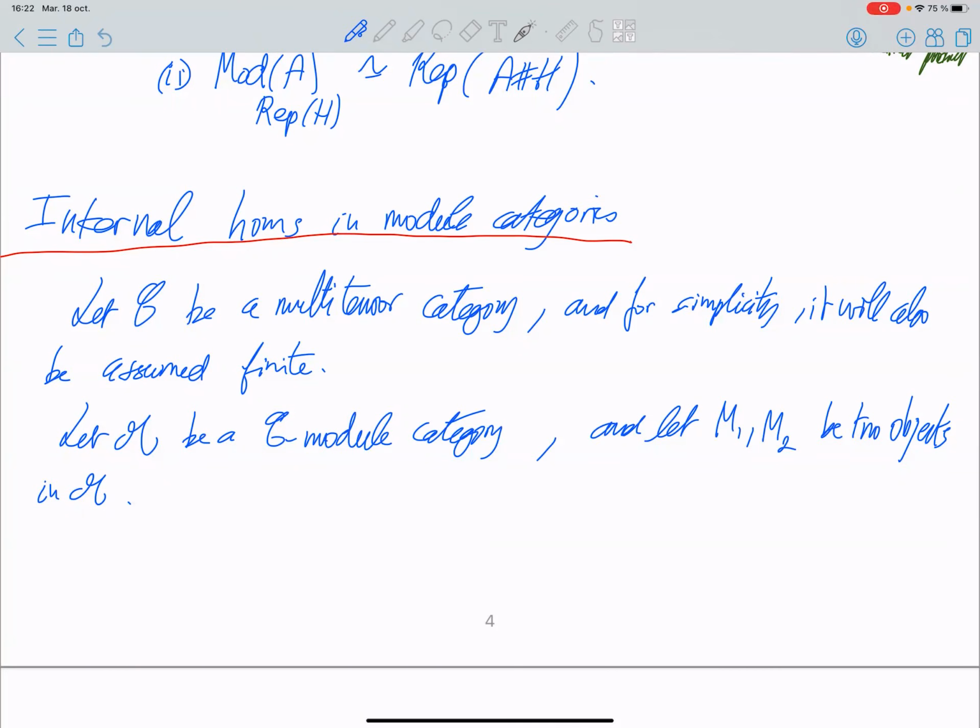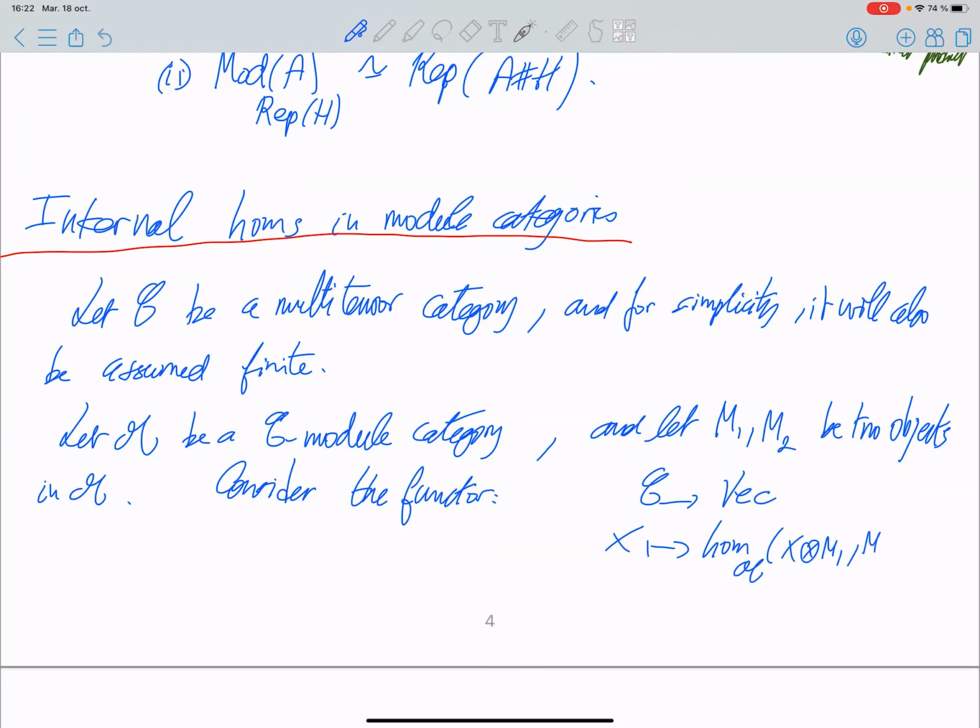So consider the following functor from C to Vec: X maps to the Hom space, not in C but in M, Hom from X tensor M1 to M2.